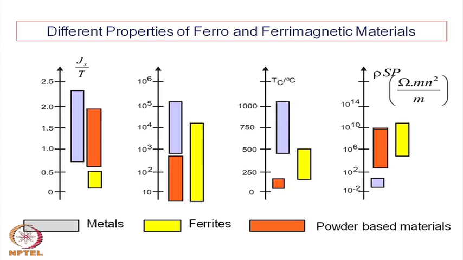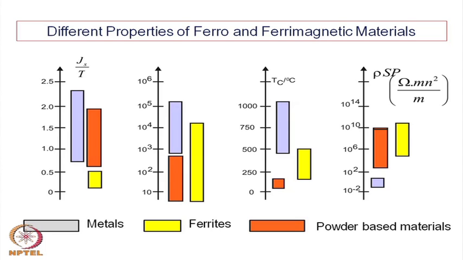Now, this problem is not there when one replaces the transformer cores with ceramic magnets, the ferrites. Because of their very high resistance, you do not need laminations, and eddy current loss is very low.